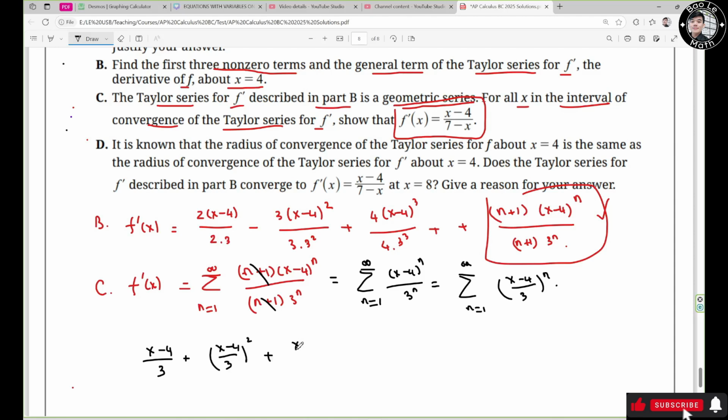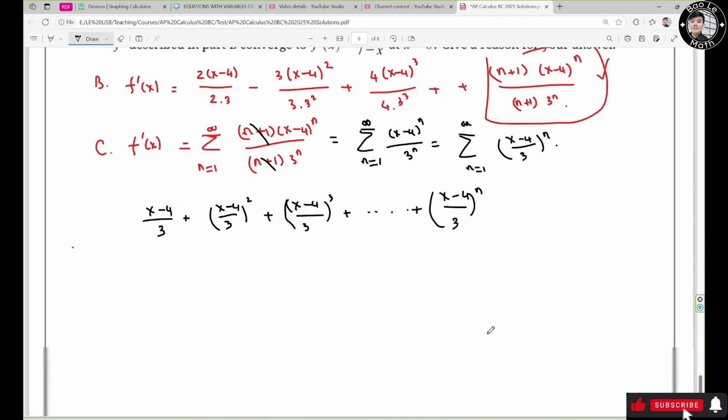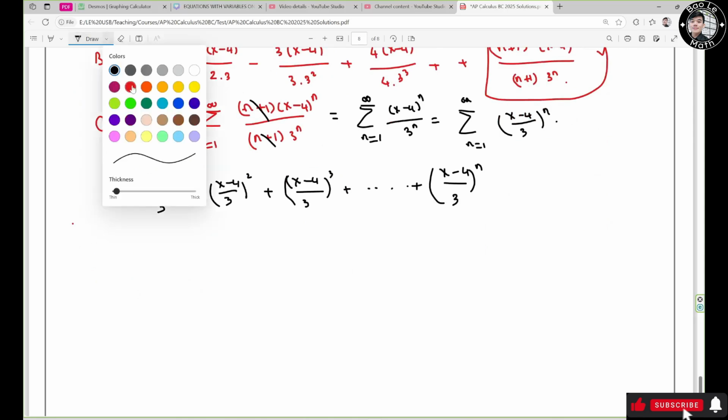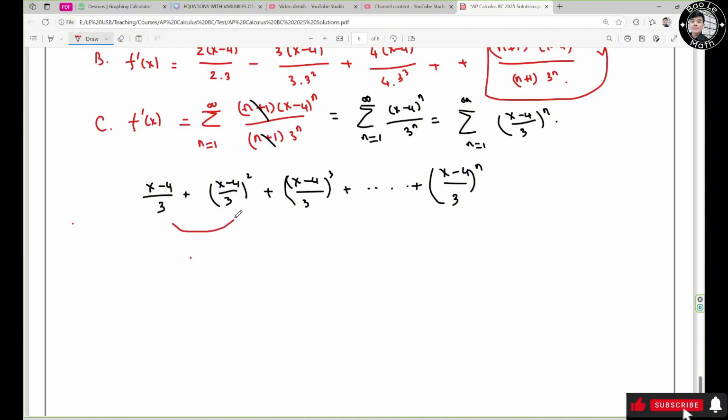N equals 3, ((s minus 4) over 3) cubed, plus, etc., plus ((s minus 4) over 3) raised to the n. Now, observe that this is a geometric series with a common ratio of (s minus 4) over 3, because you just multiply by (s minus 4) over 3 each time. So we have the common ratio r equal to this, and the first term right here.